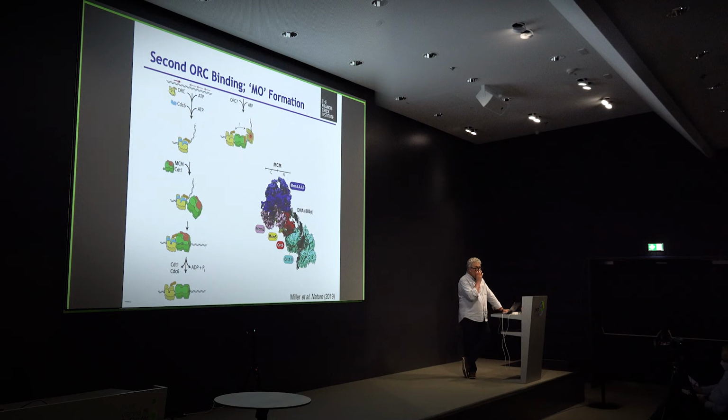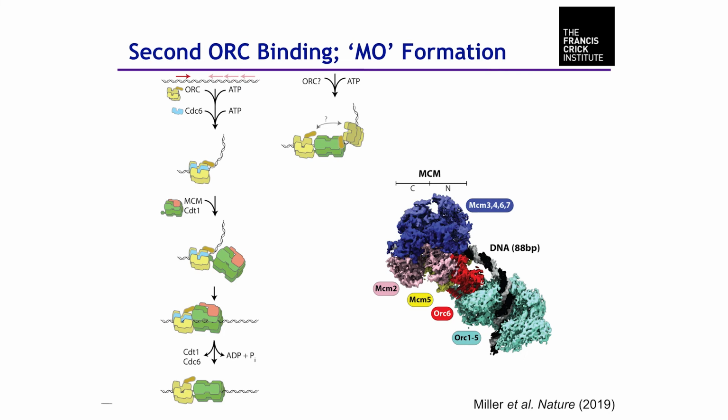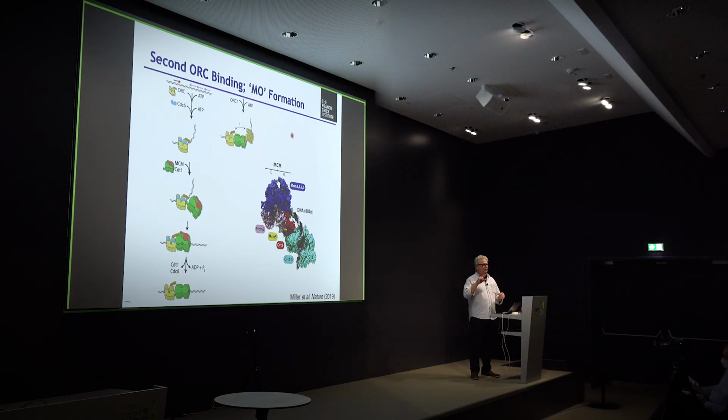And in fact, we were able to capture this together with my colleague Alessandro Costa, and a lot of the structures I'll show from here on in are with Alessandro, who's been a great collaborator. We were able to capture a novel intermediate in the MCM loading reaction, which we call MO for MCM ORC. And it shows MCM bound on the other side of that loaded single hexamer.